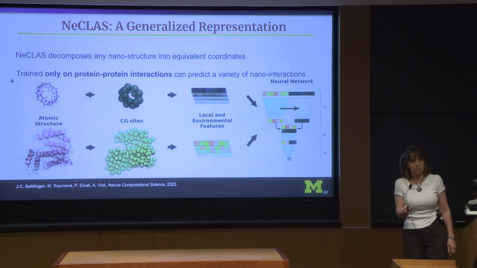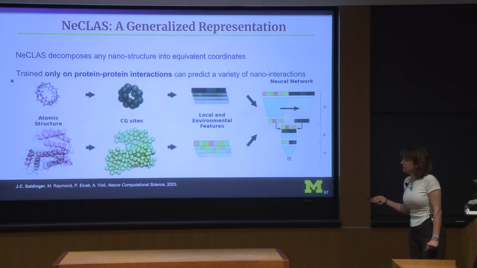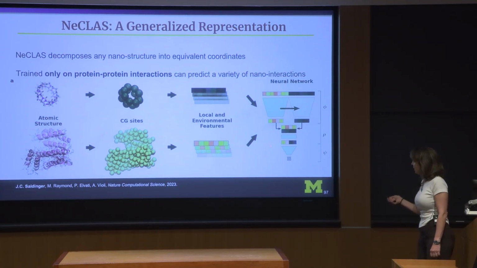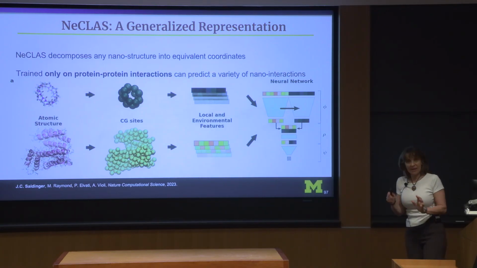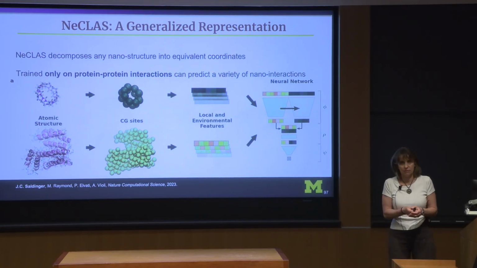It doesn't matter if it's a protein or a nanoparticle. What Necklace does is decompose any nanostructure into some coordinates that you then plug into a neural network, machine learning, to get the propensity of those two structures to interact.